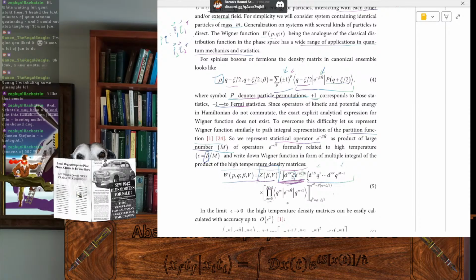So we're doing the product of q m plus 1 for q naught equals... okay, so we can sort of see what's going on. These are our limits of integration. So that's where our q plus 8 over 2 and q minus 8 over 2 are coming in, right? P is the possible permutations of it.